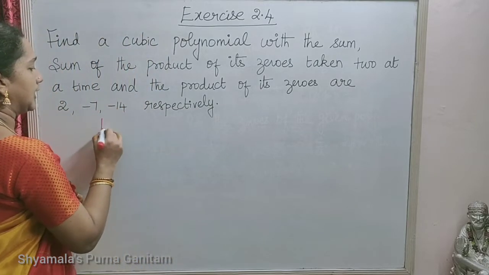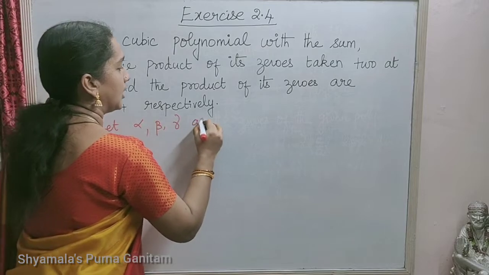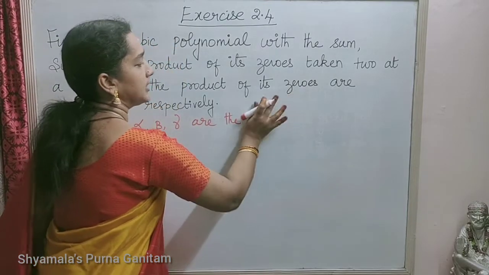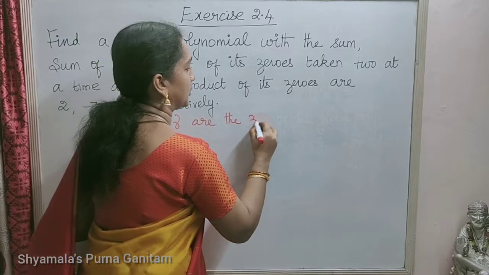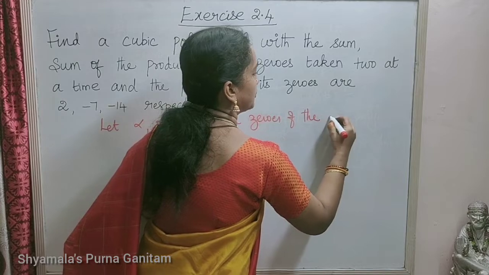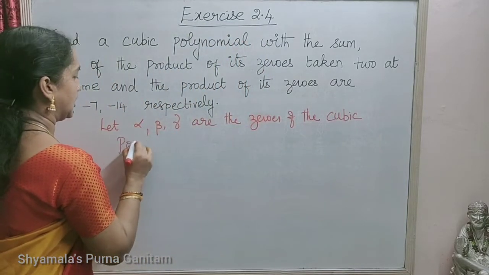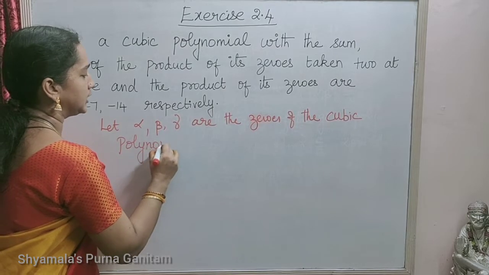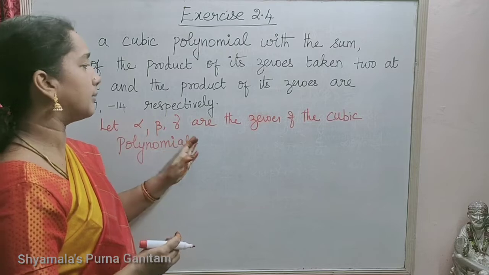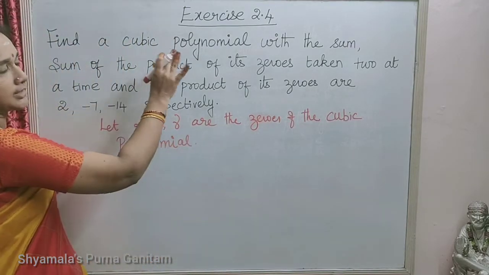Let alpha, beta, gamma be the zeros of the cubic polynomial. What is given in the question?